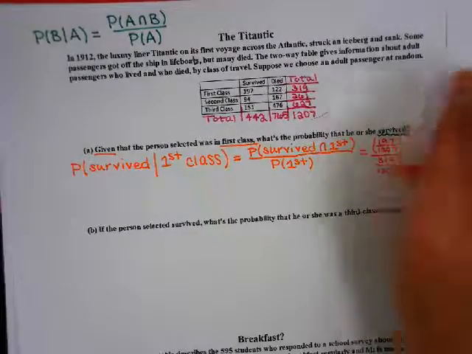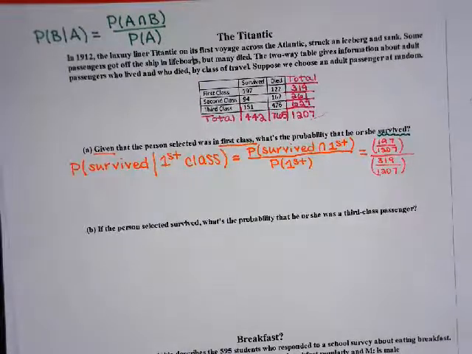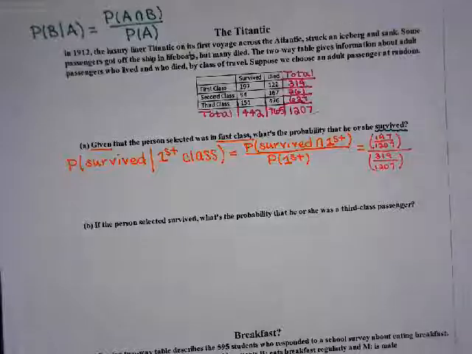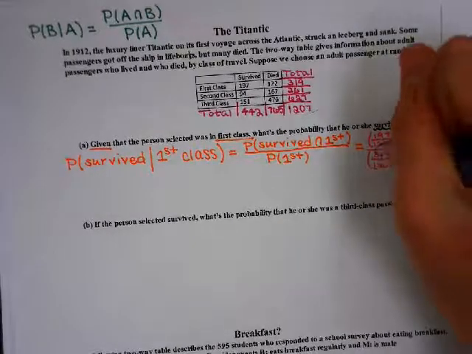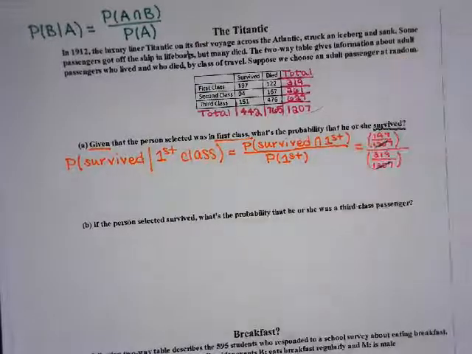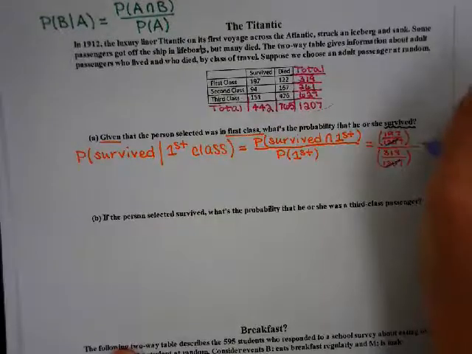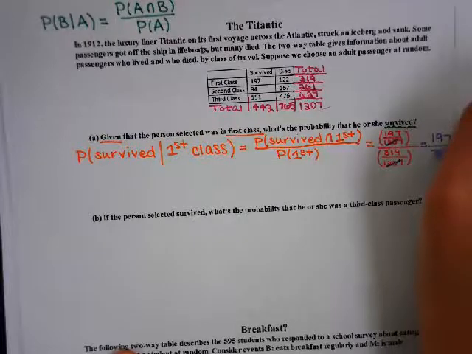When we have a fraction divided by a fraction, we end up multiplying by the reciprocal, which conveniently eliminates our denominators since they match. And we have 197 out of 319. And this time I'm going to show it as a decimal.